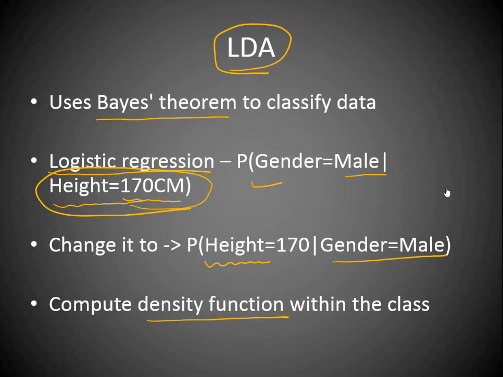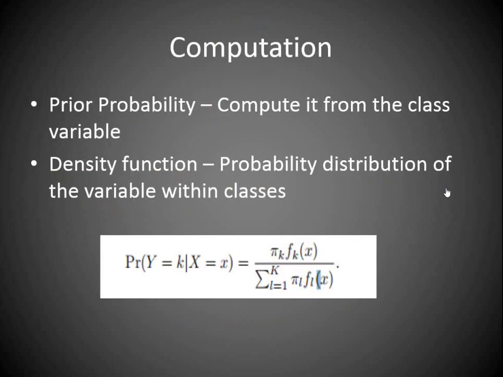So in this case there are two categories, male and female. Slightly complicated at this stage, but when we take an example it's going to be much easier. So we'll take an example.